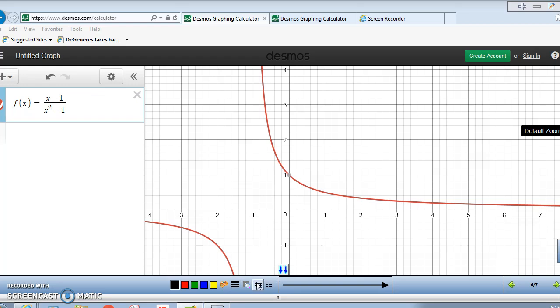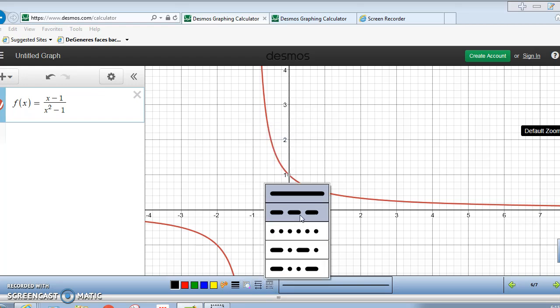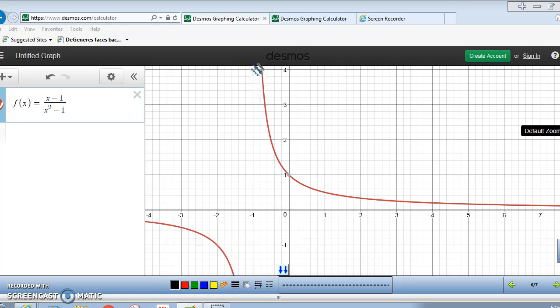One thing I want you guys to notice is that at x equals -1, we have a vertical asymptote.